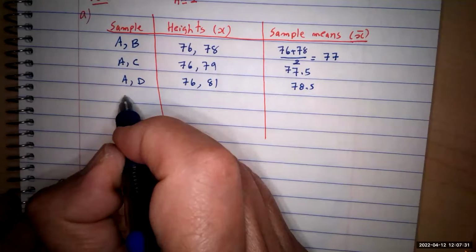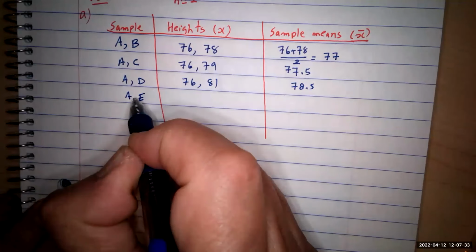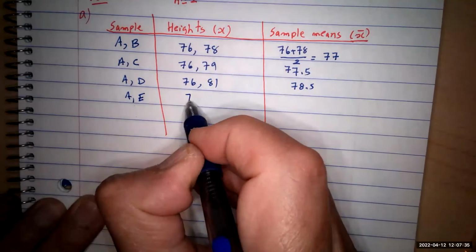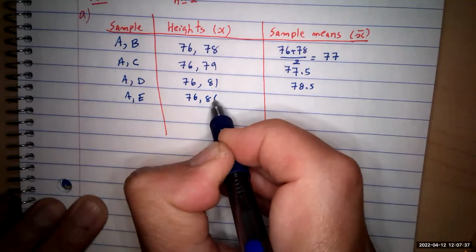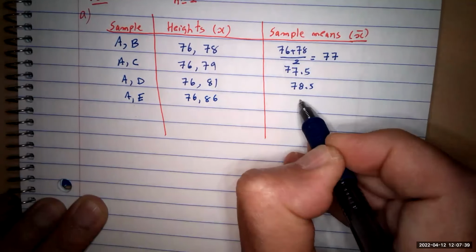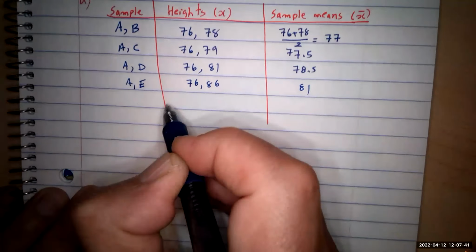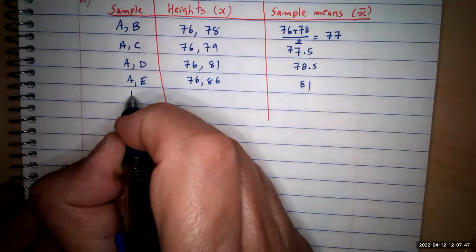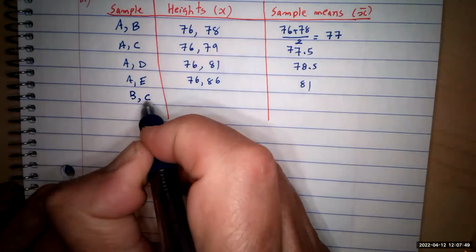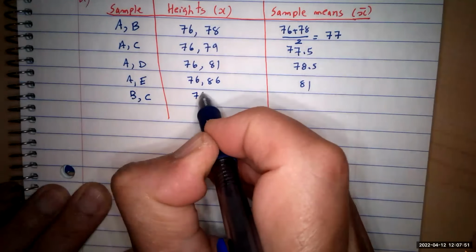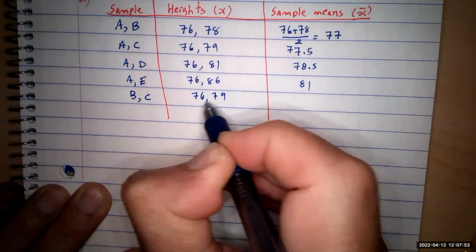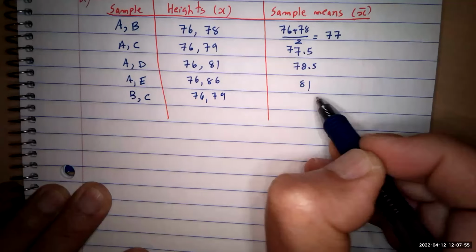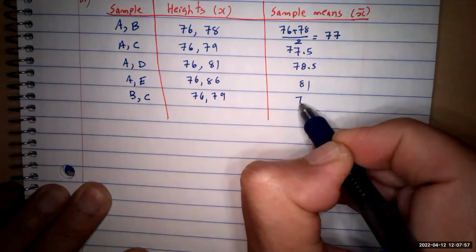Then the next choice is AE: 76, 86, and the sample mean is 81. So that's all for A. Then we go on to B and C: 78, 79. You add and divide by 2, that gives you 78.5.